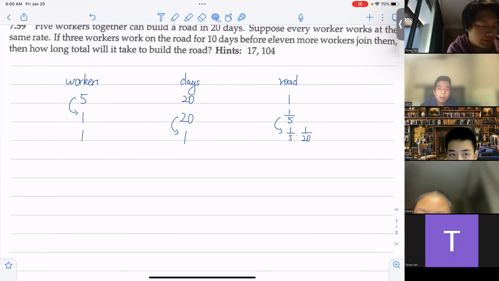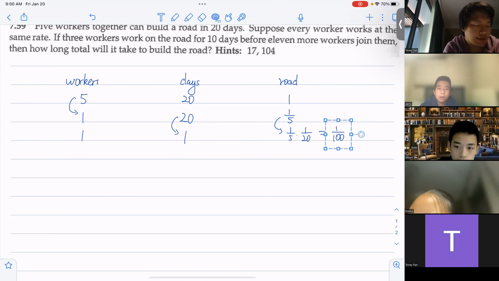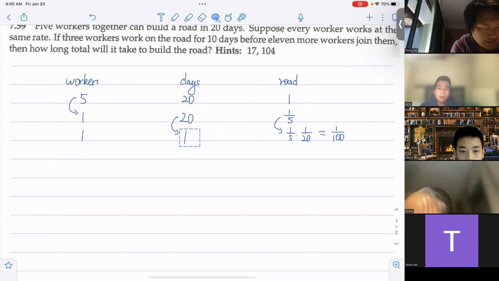So in 1 out of 20 days, you can do 1 out of 20 of the whole job. In this case, the whole job is only 1/5 of the road, which gives you 1 over 100. So one worker in one day can finish 1%, or 1 out of 100, of the road. Any question?